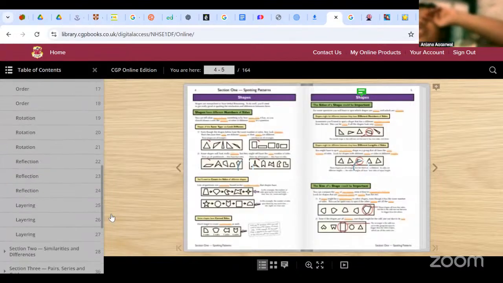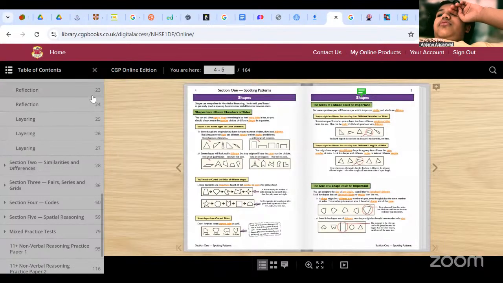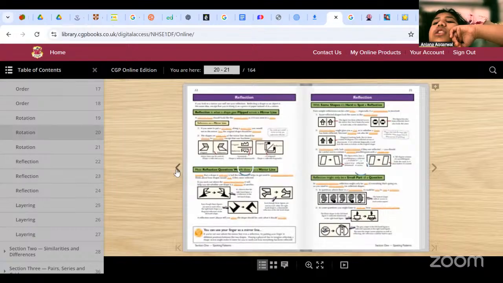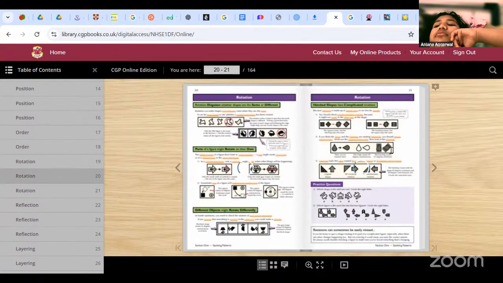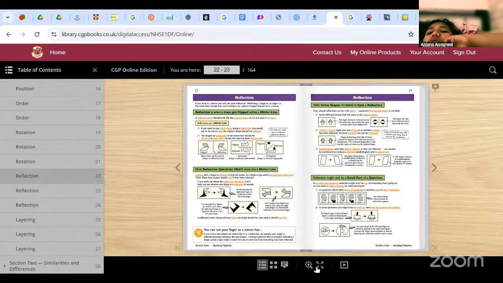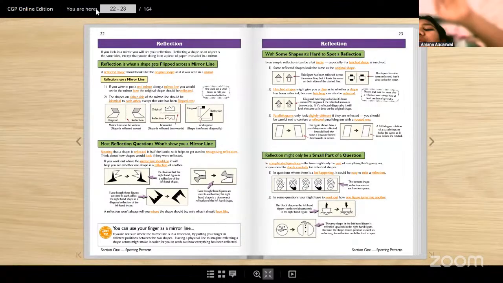We can do that next class. Page 22. Yeah. Oh, you moved backwards. There we go. Go ahead.